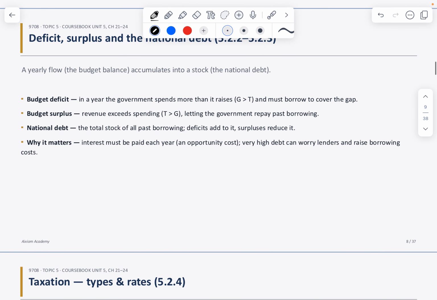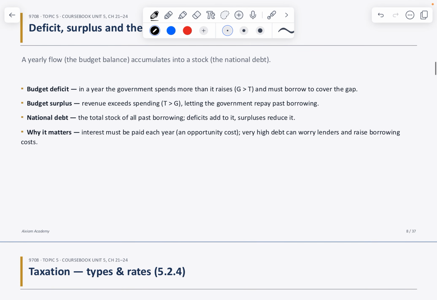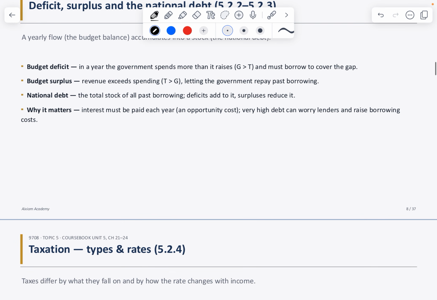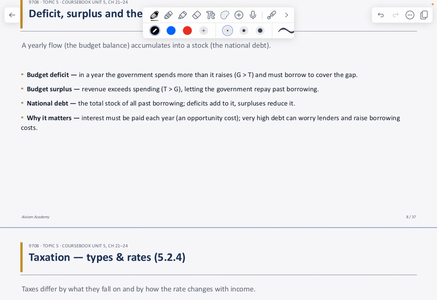Here are also a few definitions you need to know, and budget, deficit and surplus we just talked about. Because you can't spend money out of nowhere, you need to get it somewhere.